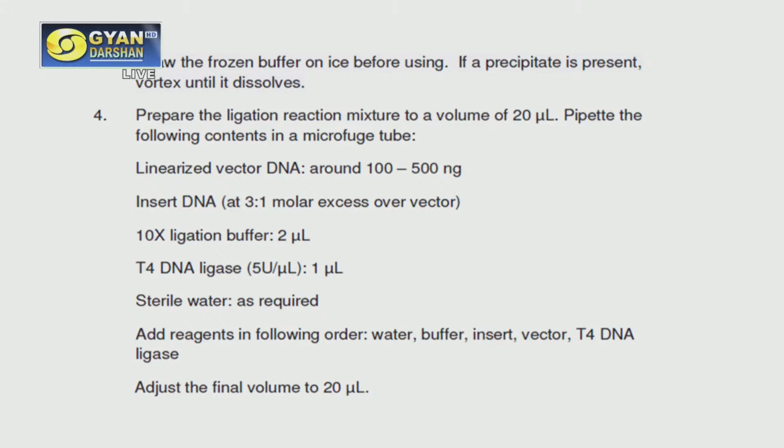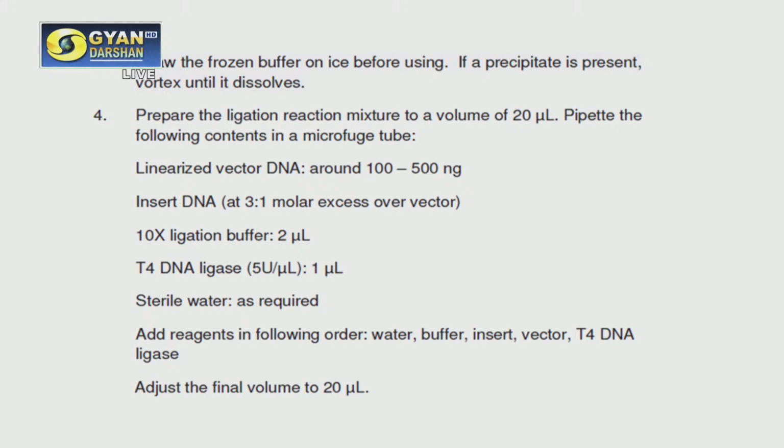You have to add the ligase enzyme. The ligase enzyme will come as 5 units per microliter or 1 unit per microliter, whatever. So you can add 1 microliter of the T4 DNA ligase enzyme. Buffer I already said. Vector DNA you have to add, insert DNA you have to add, and the rest will be sterile water.